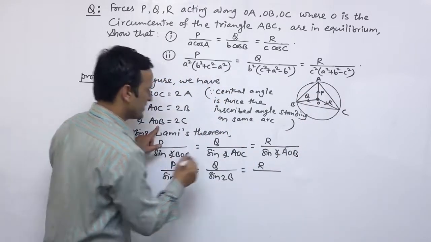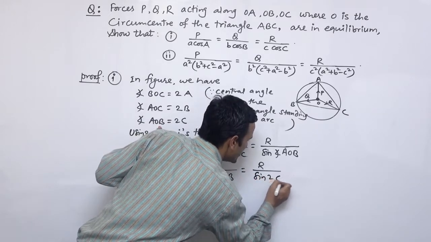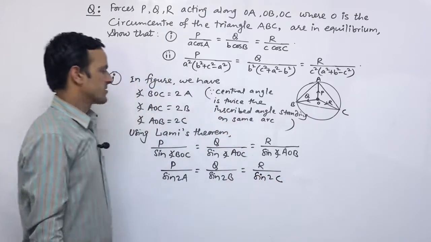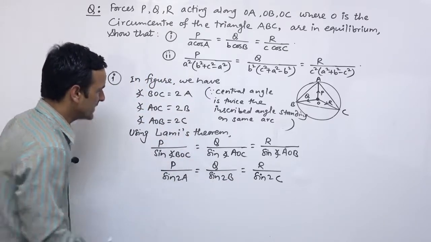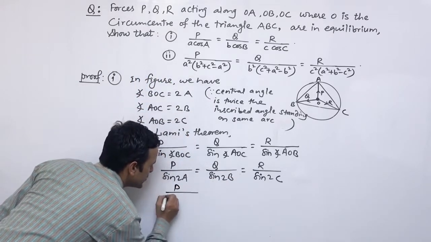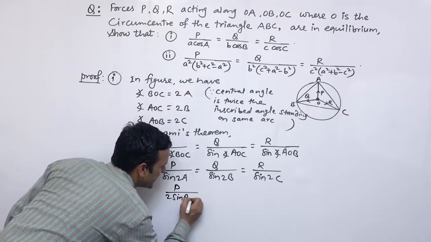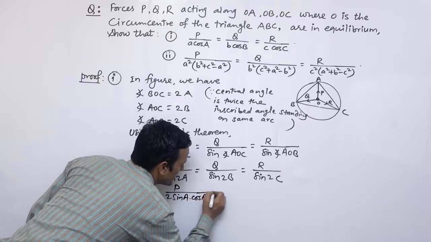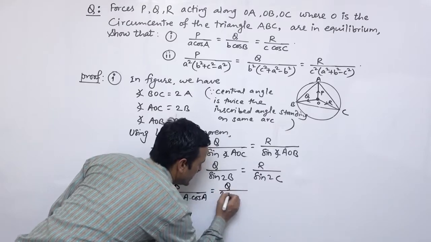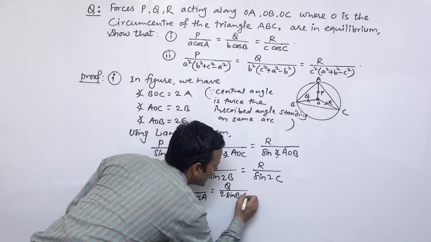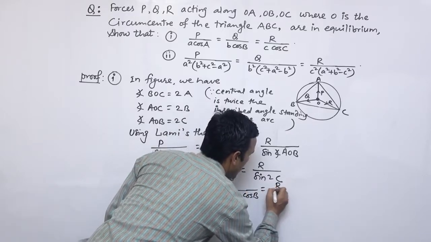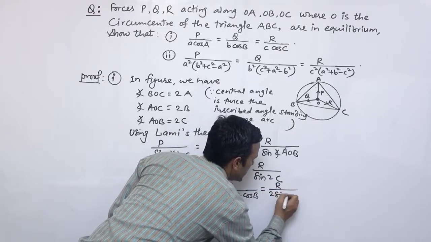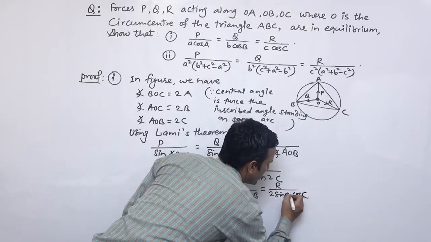So sin AOB means it is sin 2C. So this is the result by using these values. And we know that sin 2A means 2 sin A cos A. This is a trigonometric relation. 2 sin B cos B is equal to R upon 2 sin C cos C.